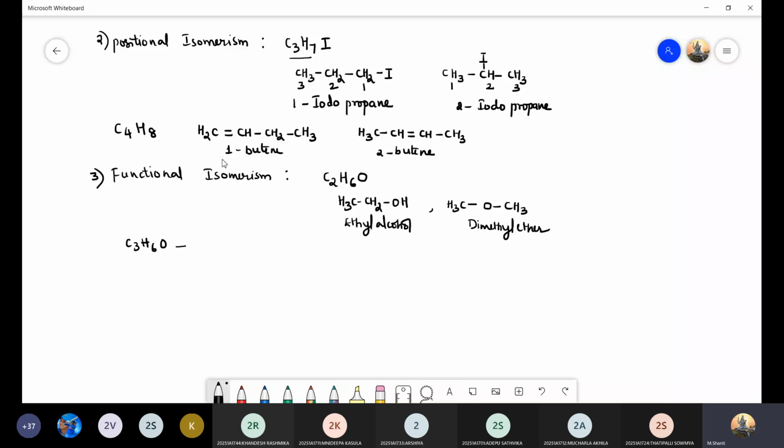Are we getting functional isomers for this molecular formula as alcohol and ether? Say yes or no?